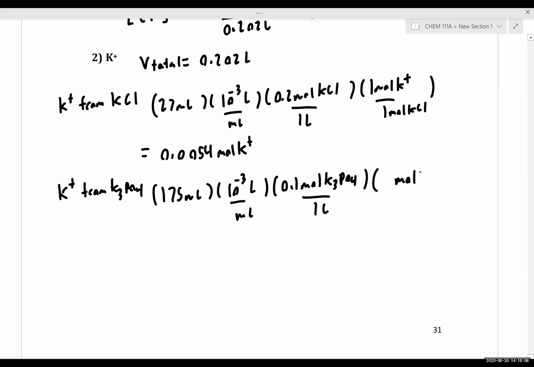And now this is really an important juncture here. How many moles of potassium do we have per mole of potassium phosphate? This is one that you have to be pretty careful about. How many moles of potassium do we have per mole of potassium phosphate? 3, exactly right. Perfect.